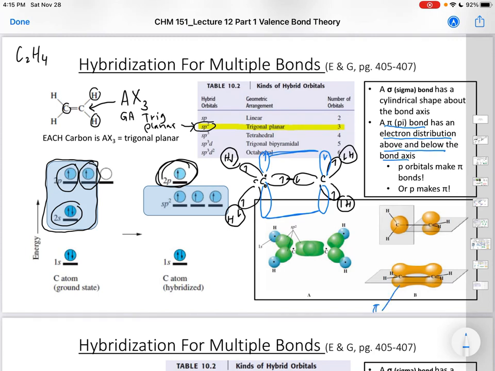Okay, so really this is what the pi bond looks like. Above and below. Okay, it's as if you were bringing your 2 p orbitals close together. The bonding would be here and here. There would be no electron density between the 2 atoms in terms of right here. Okay, there's nothing there. Okay, so really these are your sigma bonds.